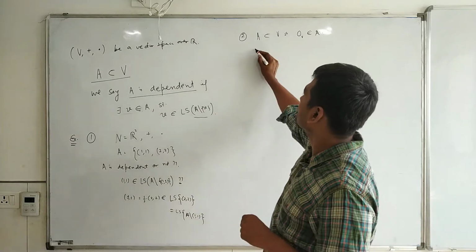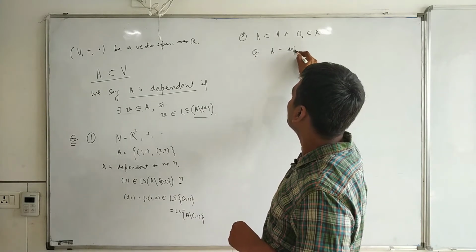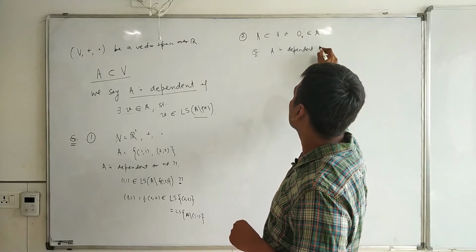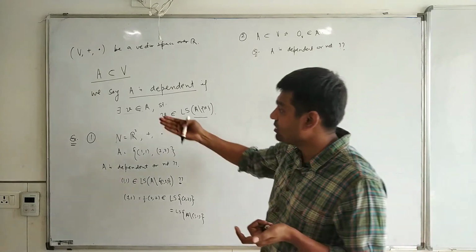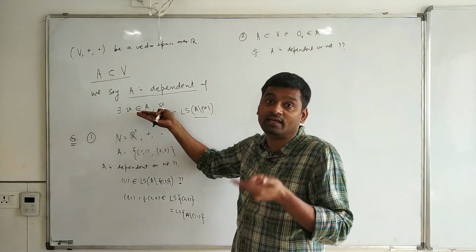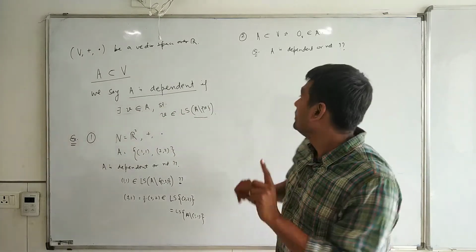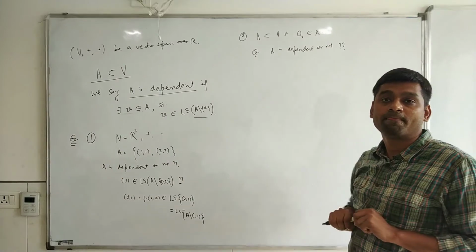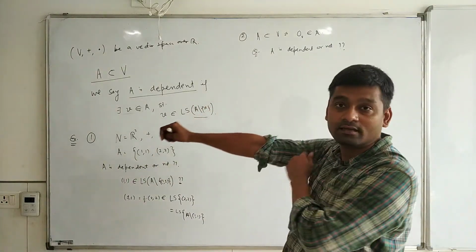My question is whether A is dependent or not. Not dependent means there is no vector in A which can be written as a linear combination of the others, so it is basically the negation. What is your answer?